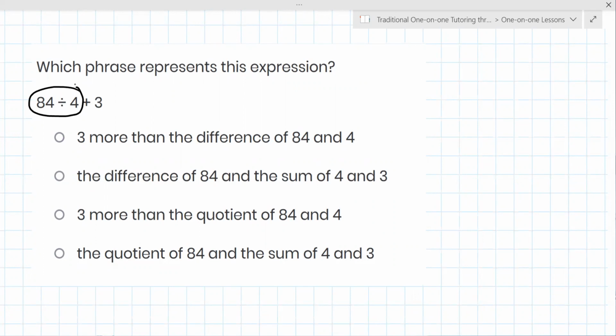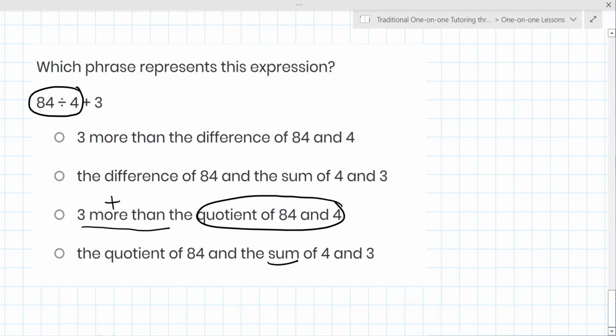D. But there's a word sum right in the middle. We were looking for something that says quotient 84, 4. C. Yeah, there's that part. And then the 3 more than is the plus. Yes.